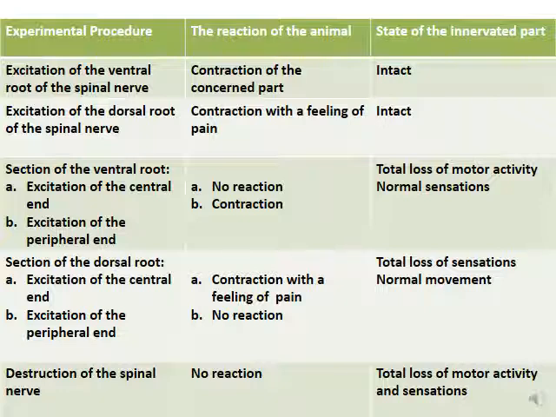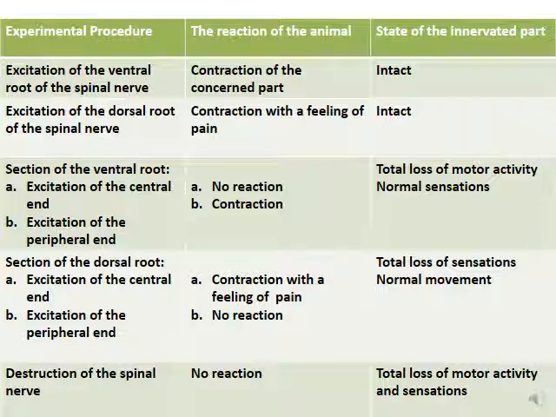So, let's interpret these results. First, after excitation of the ventral root of the spinal nerve, the concerned part contracts. This indicates that the nervous message propagates from the ventral root toward the muscle, which is the concerned part.